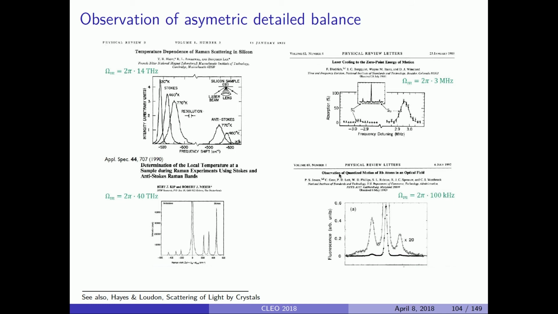This asymmetry is very naturally present if you look at crystals. Crystals have phonons, and if you look, for instance, at diamond, the phonons are around 10 terahertz. And so at room temperature, molecules are in their quantum ground state. That's why in Raman scattering of samples, here is an example of Raman scattering of silicon, the anti-Stokes and Stokes are very asymmetric.